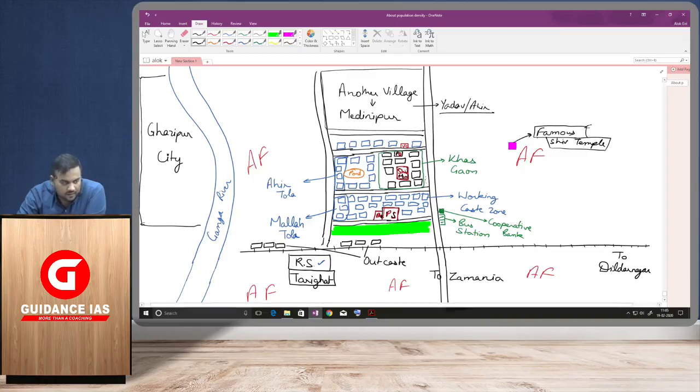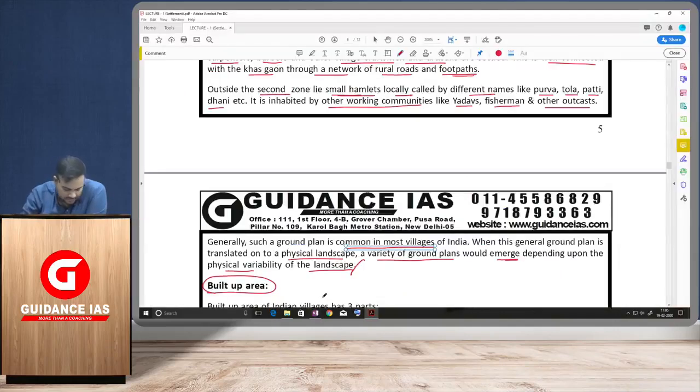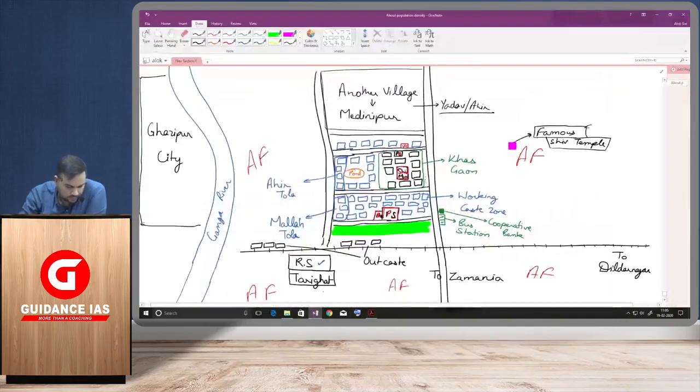It is the result of several factors. So let's look at the factors and talk about their impact.